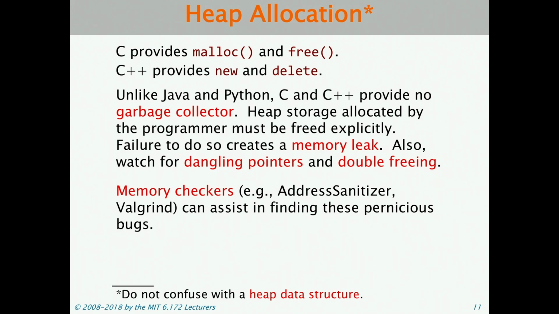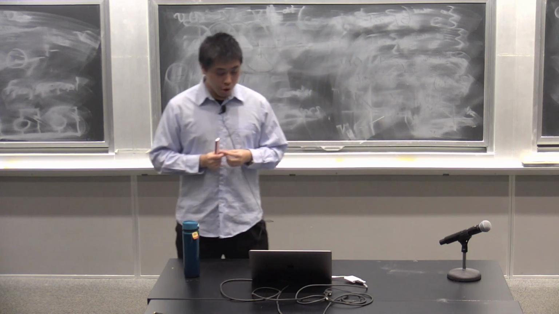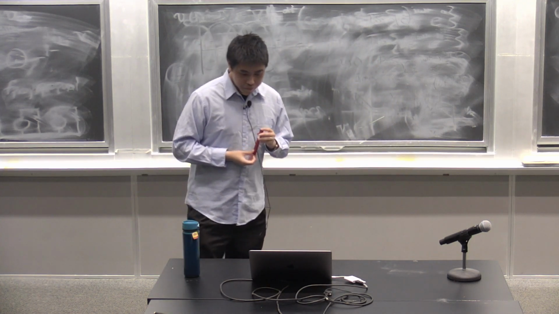You can just pass your binary to Valgrind, and if there's a memory bug, it might find it. But Valgrind tends to be slower than Address Sanitizer, and it tends to catch fewer bugs because it knows less about the program. Address Sanitizer sees the source code of the program and has more information, whereas Valgrind just works directly off the binary.